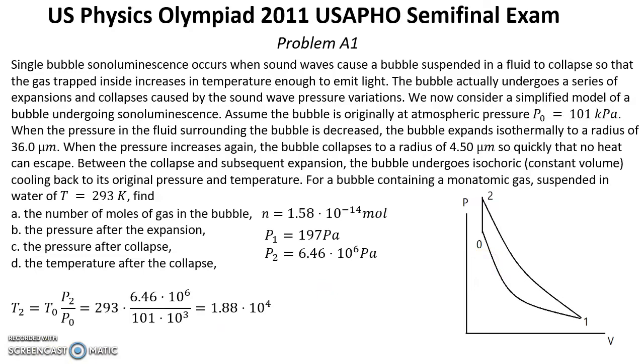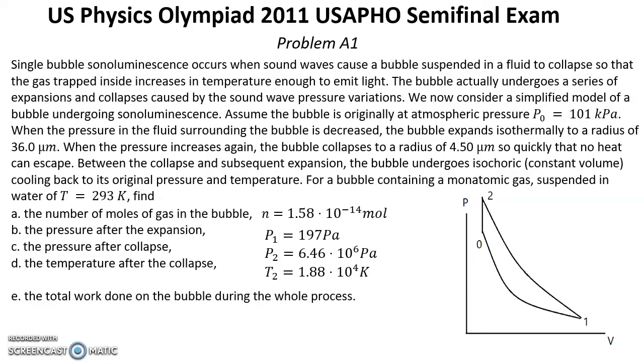So the temperature will be T0 multiplied by P2 over P0, which is these numbers. That will be 1.88 times 10 to the power 4 Kelvin. So that was the answer for question D.